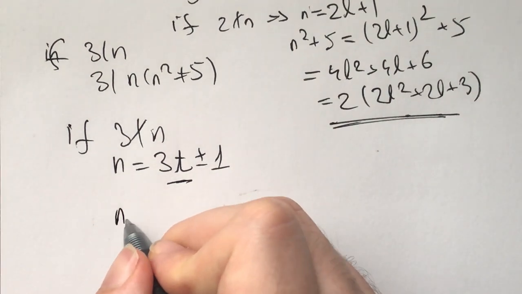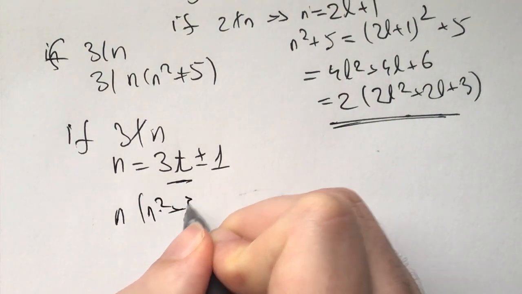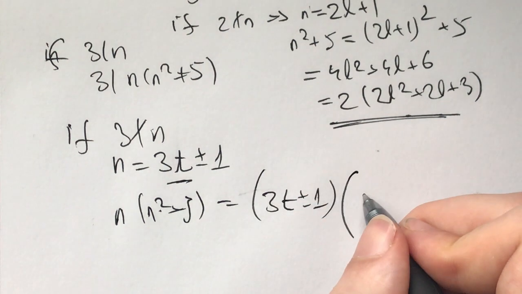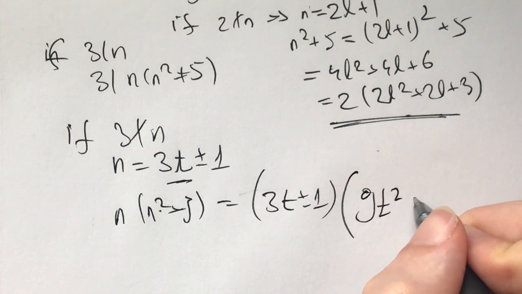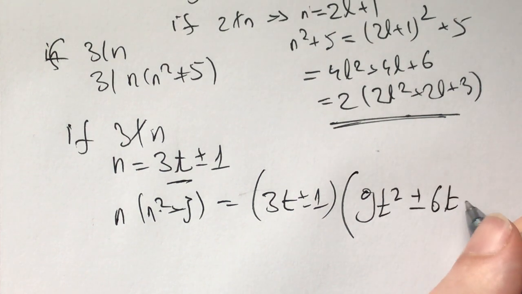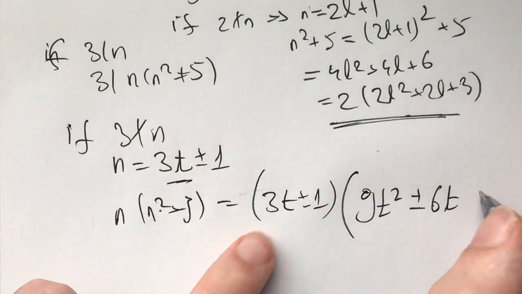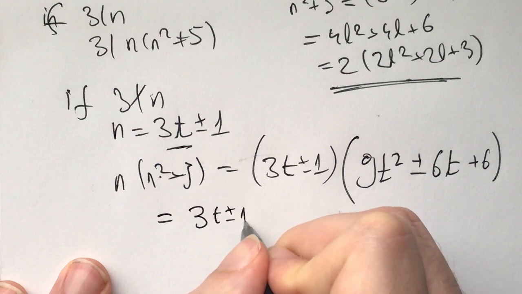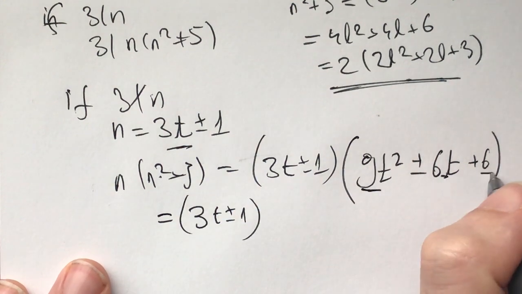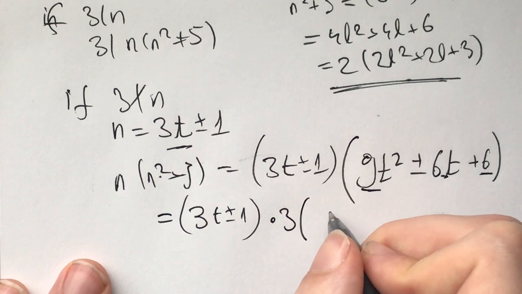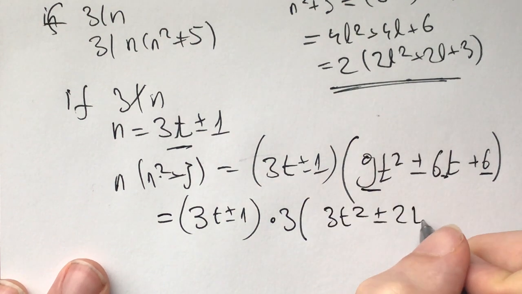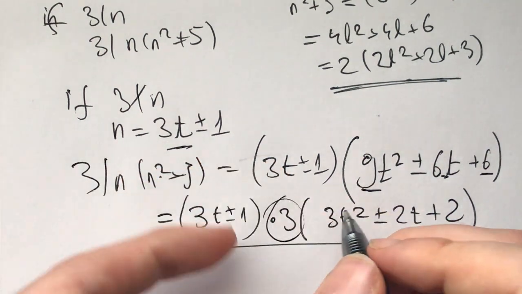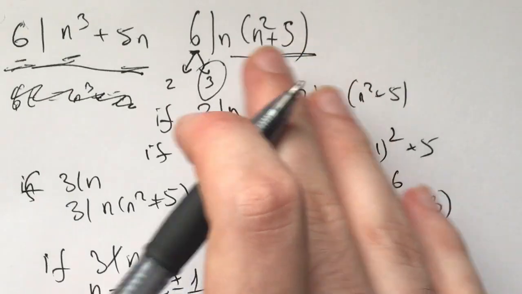Now n times n squared plus 5 is going to be 3t plus or minus 1 times 9t squared plus or minus 6t plus 1 plus 5, plus 6. Here we can take the 3 out, so this is going to be 3t plus or minus 1 times 3 times 3t squared plus or minus 2t plus 2. And now this is divisible by 3 because it has a 3 times something. And now we've proved part A.